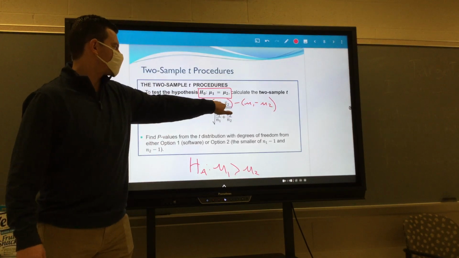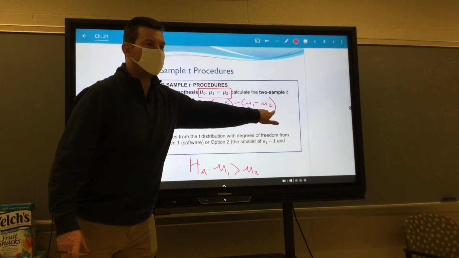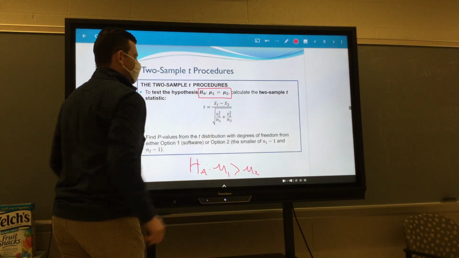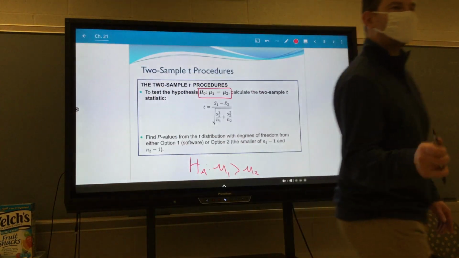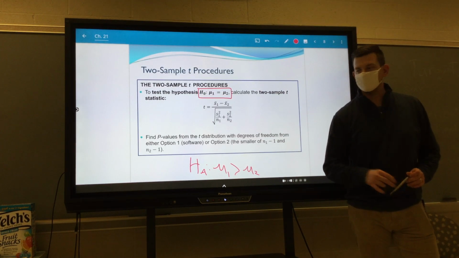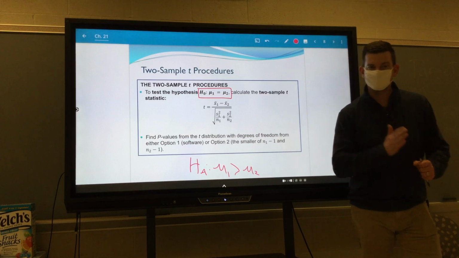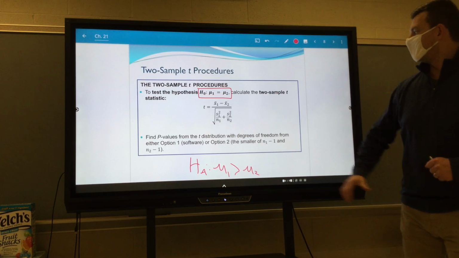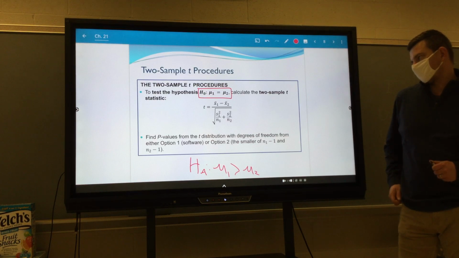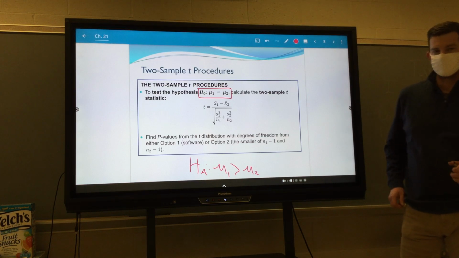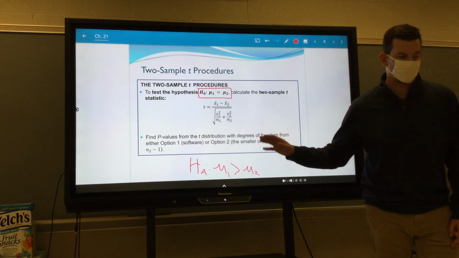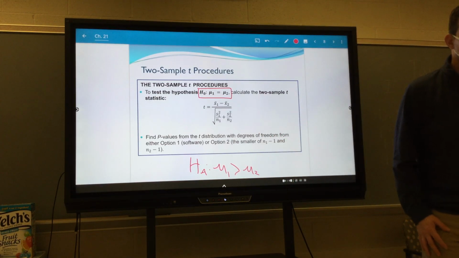So you have this minus 0, and this goes away. All you need in that numerator is x bar 1 minus x bar 2. Okay? It allows you to test to see if there is a difference, divided by that standard error calculation. I know this is all theoretical right now, but any questions about those procedures?